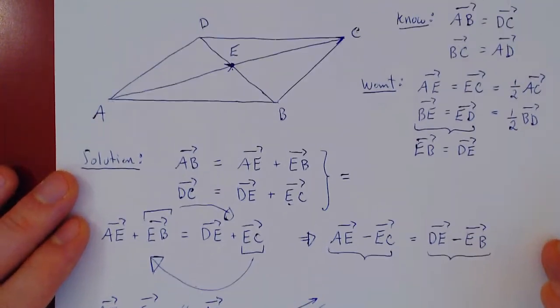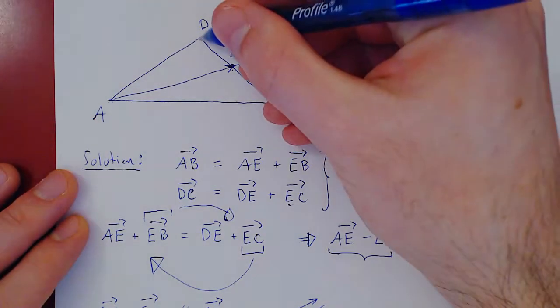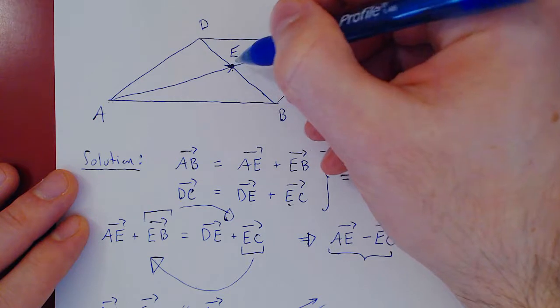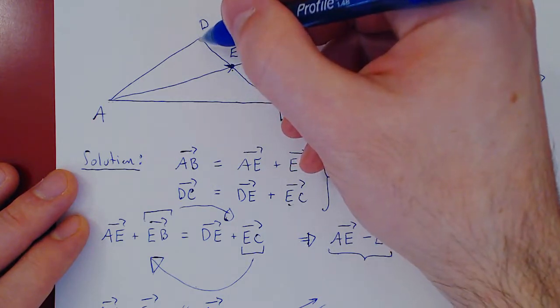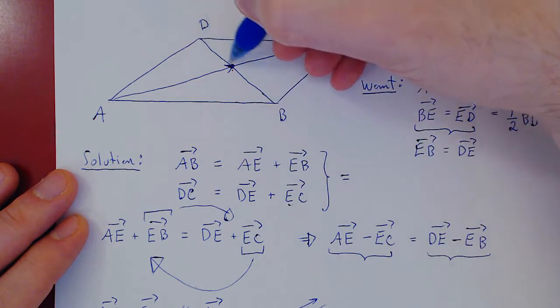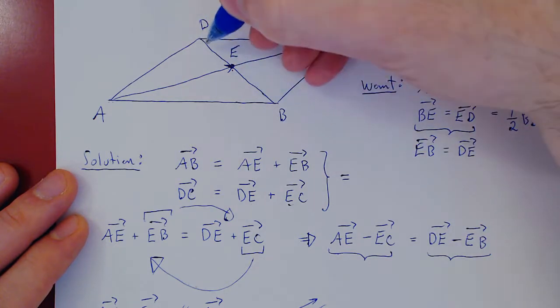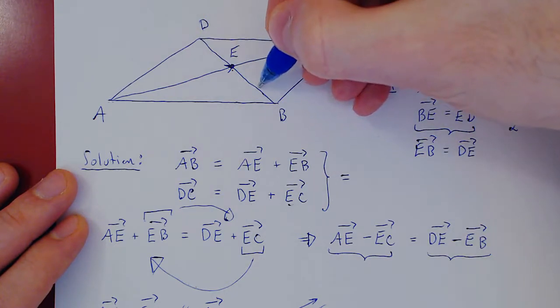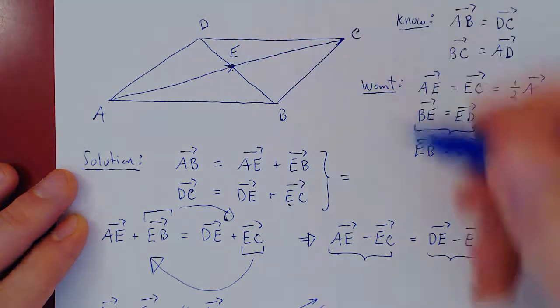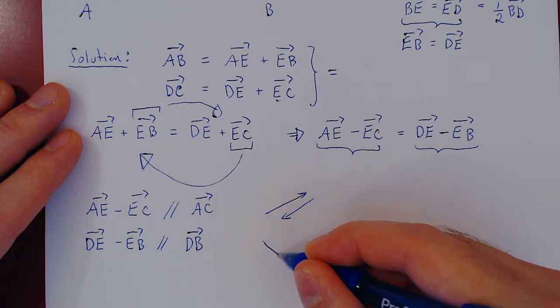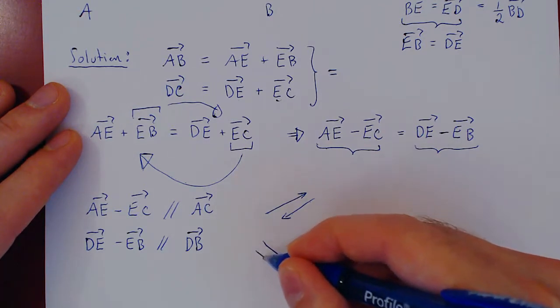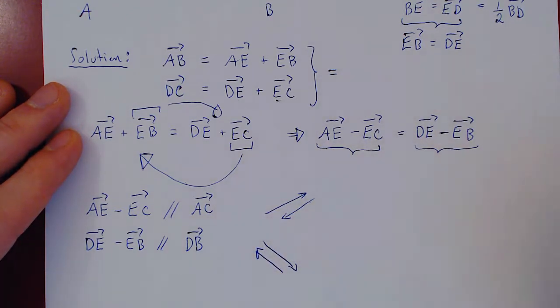And look at the direction of DB. When we subtract from DE vector EB, the resulting vector will also be on the diagonal DB, so it will be either pointing down this way or up this way. So they'll have to be parallel to a vector that looks like this, or it looks like this.